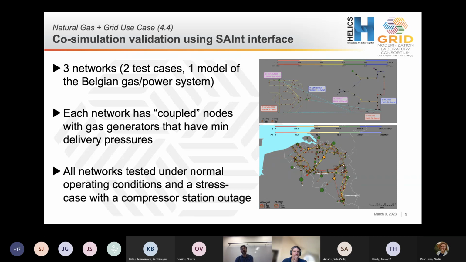But I think you could do that with this approach. It just depends on what you put in your simulator. If you specify that as a hard constraint, or if it's a soft constraint, you allow it to be relaxed at some penalty. I don't know if that totally answered your question, Nadia.